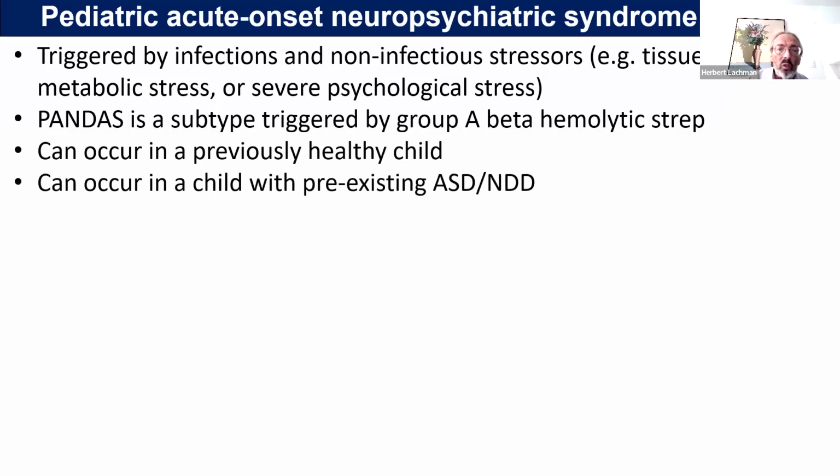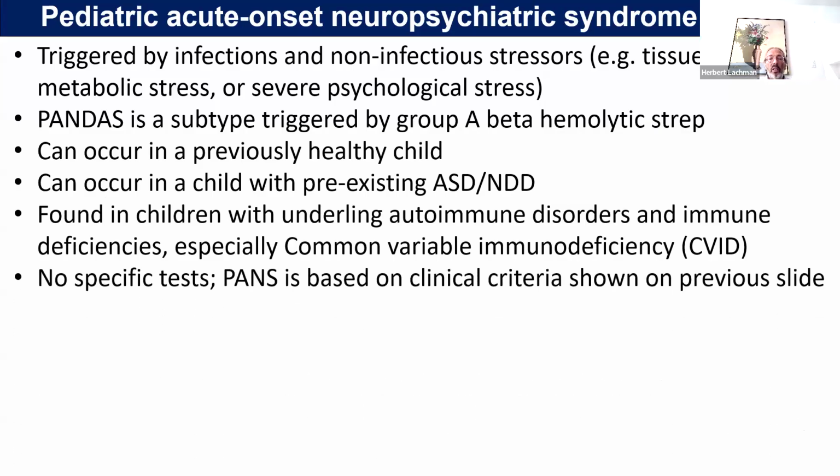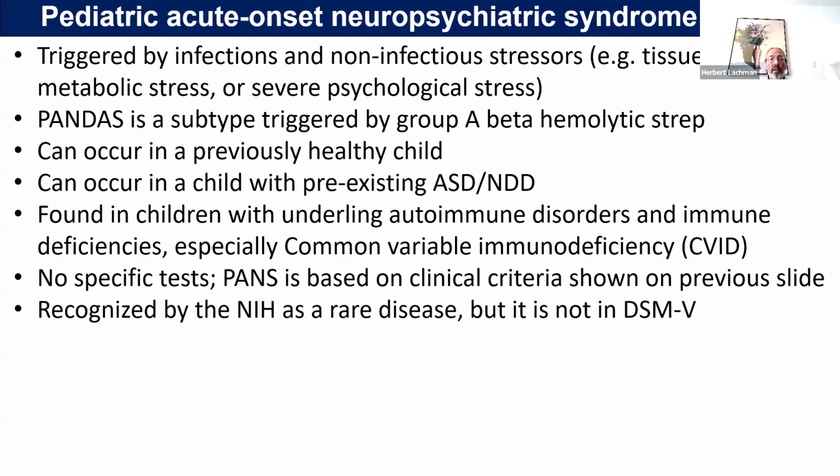It can occur in a child with pre-existing autism or any NDD. And it's found in kids who have an underlying autoimmune problem or an immune deficiency, especially CVID, common variable immunodeficiency. And as I said, it's a clinical diagnosis based on the criteria that I showed you on the previous slide.